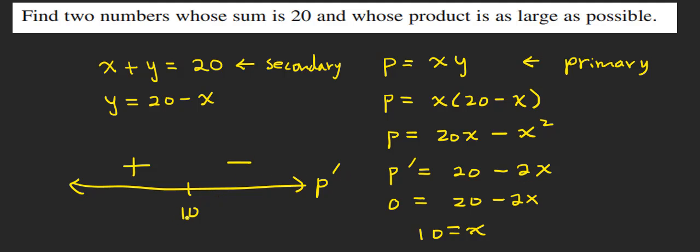So indeed, x equals 10 is a maximum because p prime changes sign from positive to negative. We can say that the product is largest when x equals 10. When x equals 10, y is also 10. So the product is largest when both numbers are 10.